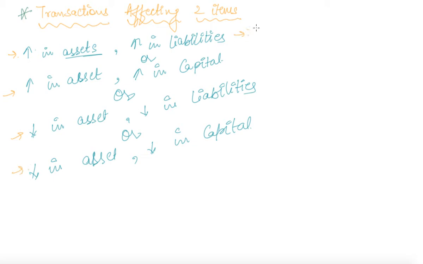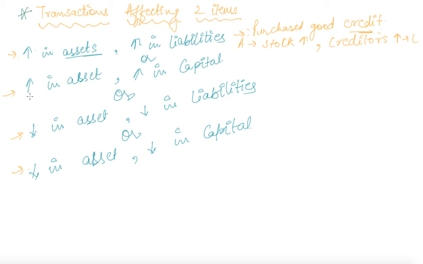In the first case, say you have purchased goods on credit. What is the effect of goods purchased on credit? On the asset side, your stock will be increased, and on the liability side, your creditors will be increased. Right?